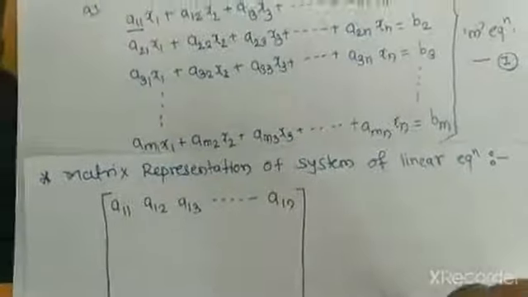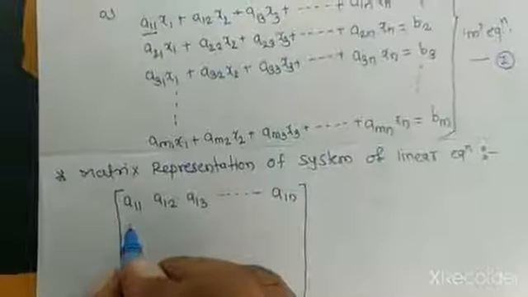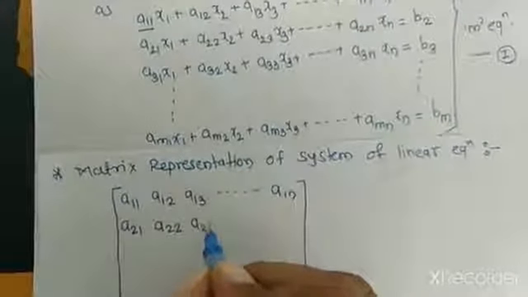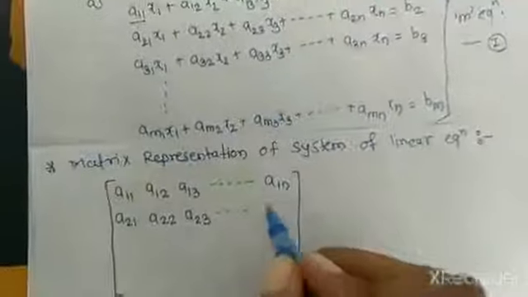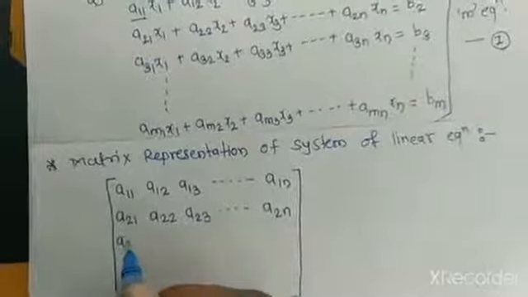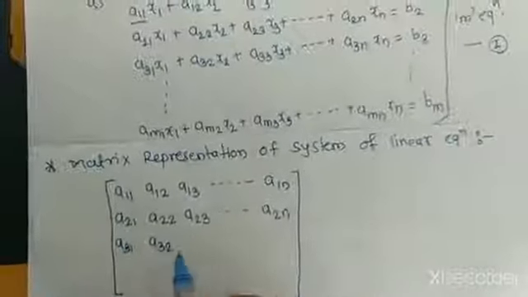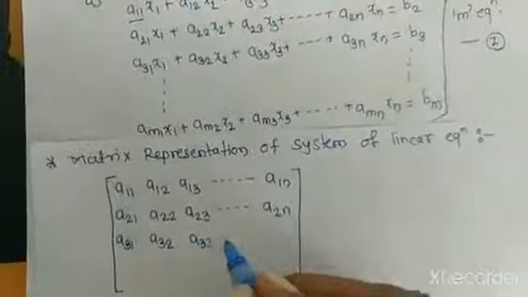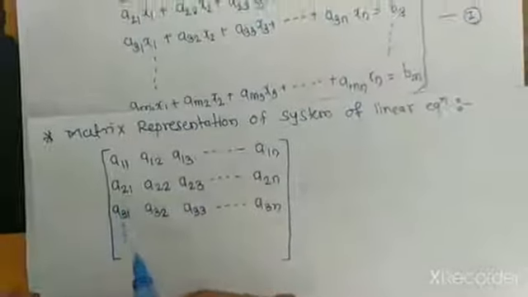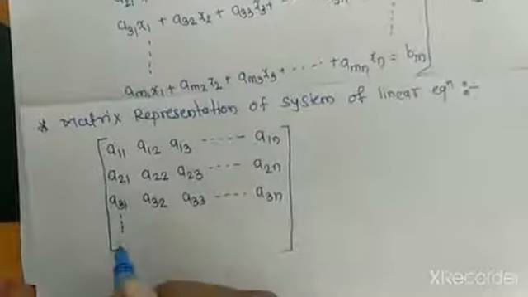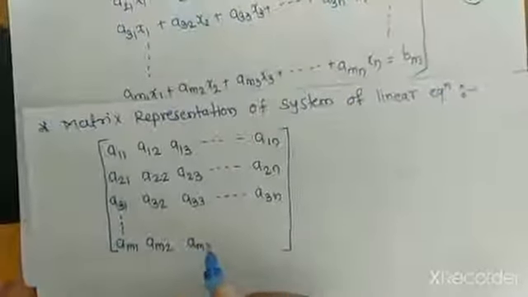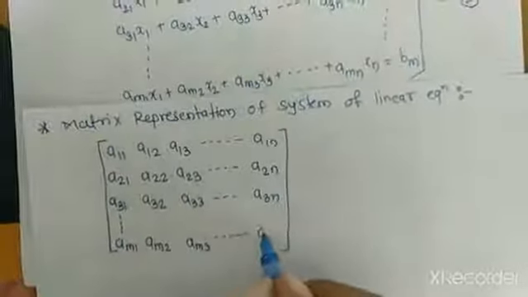Now the second row will be a21, a22, a23, and so on up to a2n. The third row will be a31, a32, a33 up to a3n, and the last equation is am1, am2, am3 up to amn.